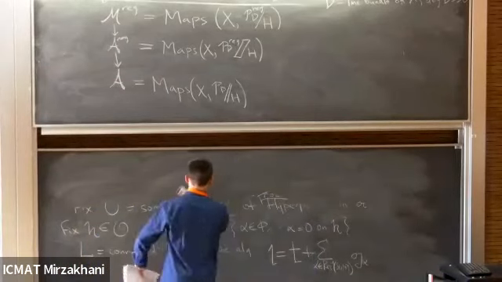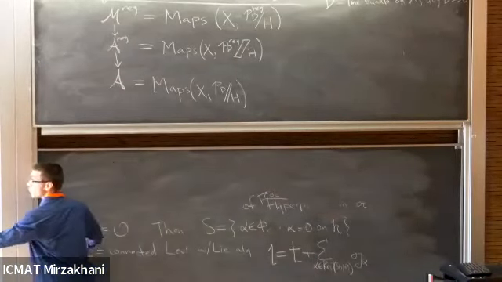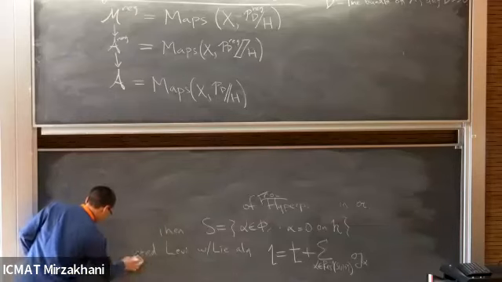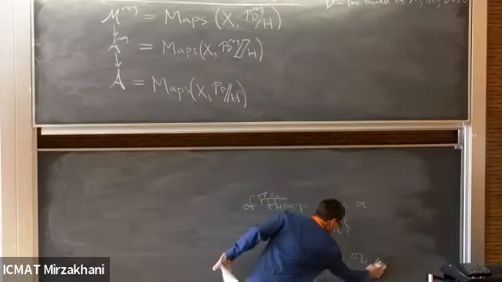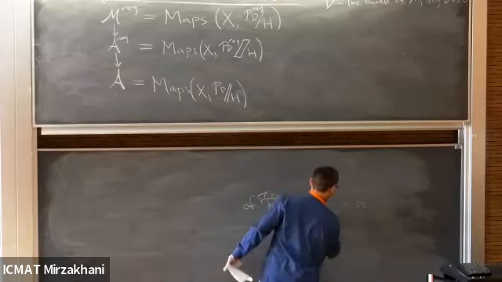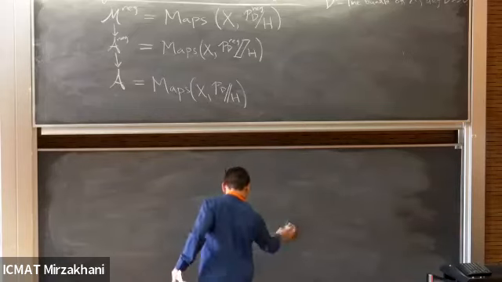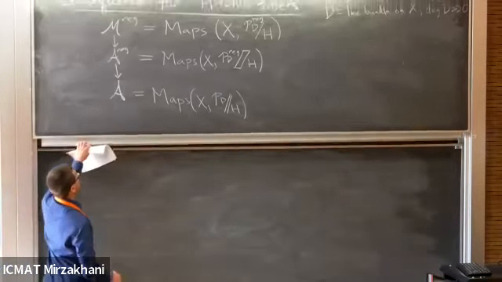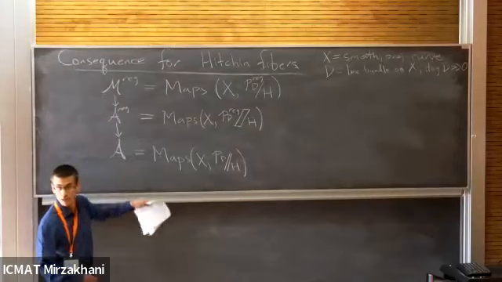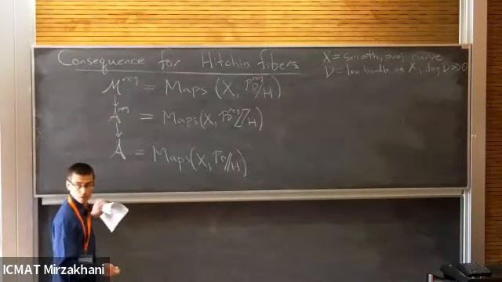The consequence of this description for my J is that this first map from M^reg to A^reg behaves very much like the usual Hitchin fibration.